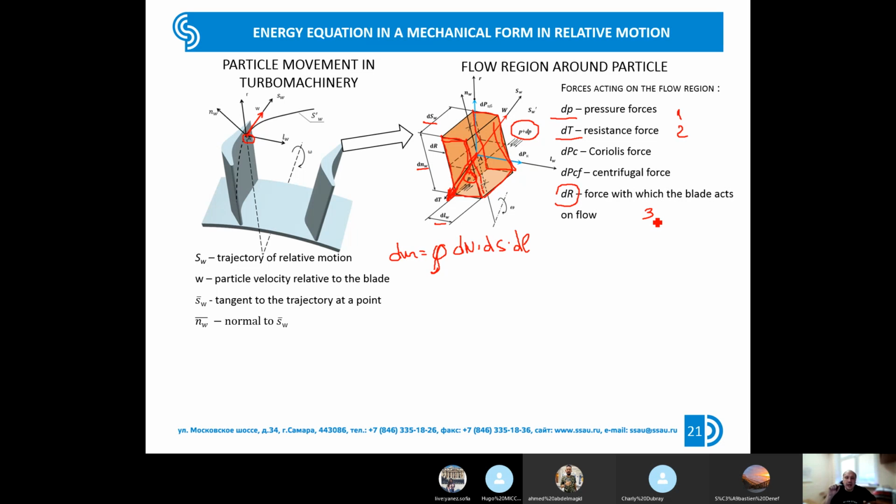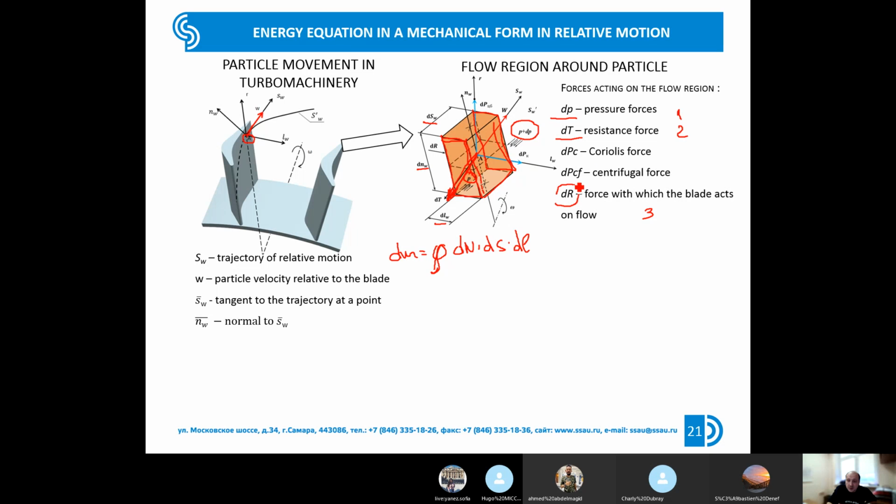But here we are investigating the action in relative motion. That's why we need to add inertia forces in our investigation. What kind of inertia forces do we have in this case?